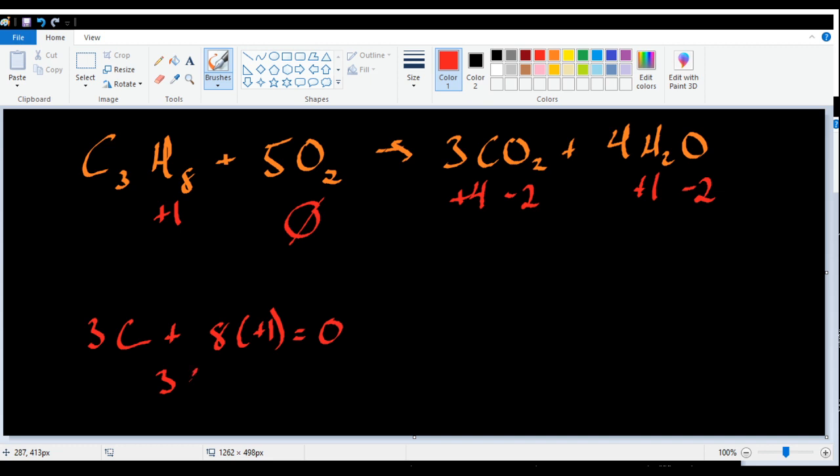So 3 carbons plus 8 equals 0, which means 3 carbons equals -8, or carbon equals -8 thirds. Sort of. In fact, propane looks like this.